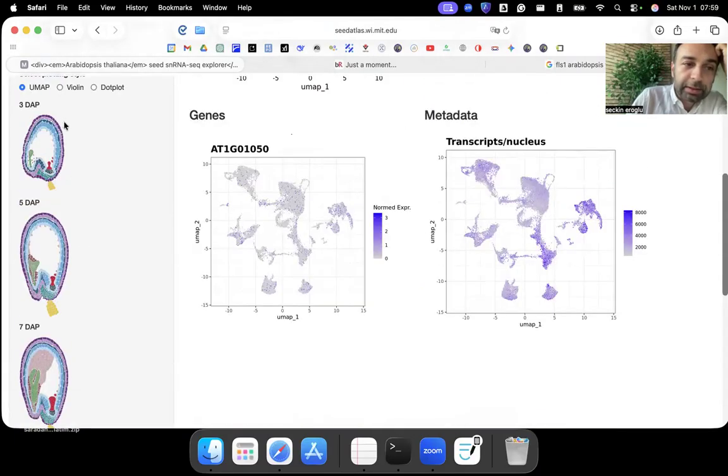They just take all the nuclei from every cell in 3 days after pollination, 5 days, and 7 days after pollination. So they had a lot of nuclei, and then they extract RNA from these nuclei, and they already know marker genes for these layers, for every layer at every stage.